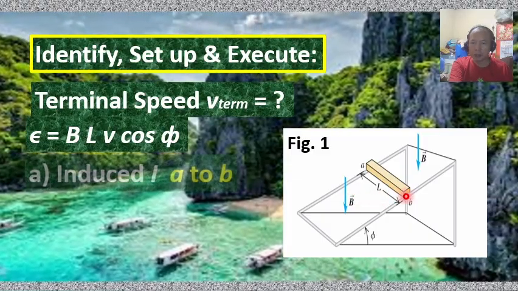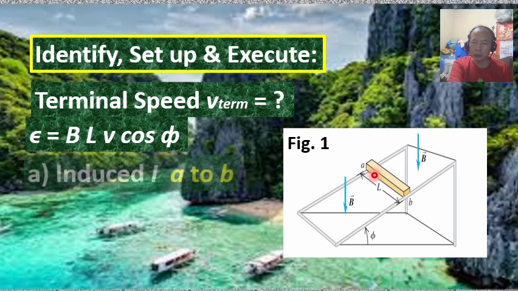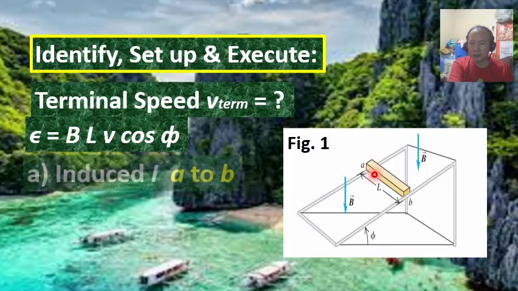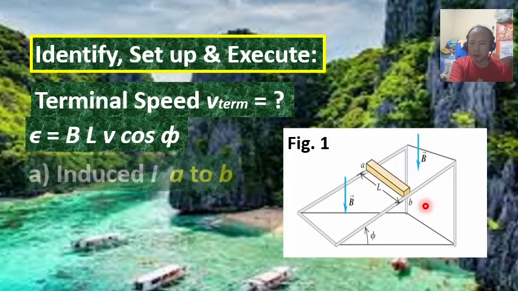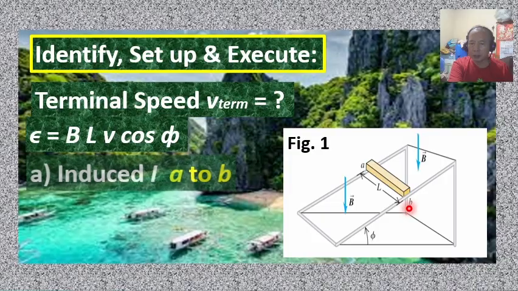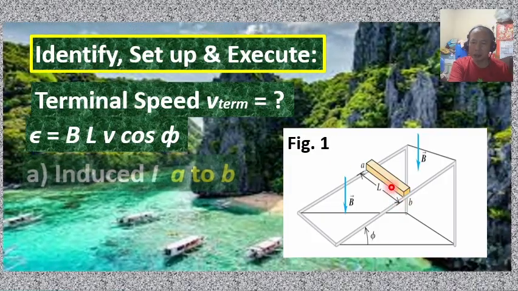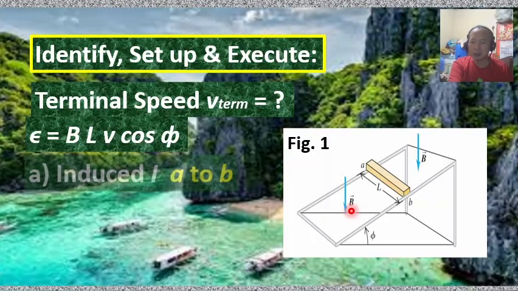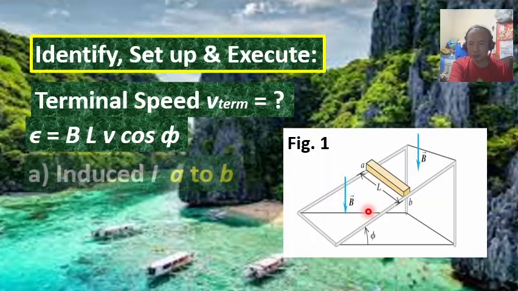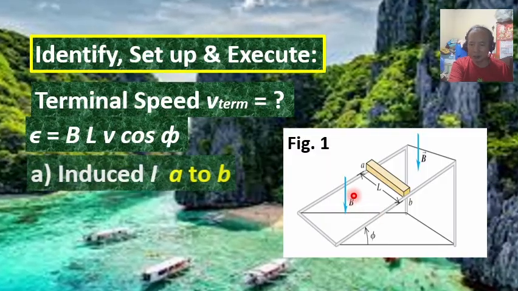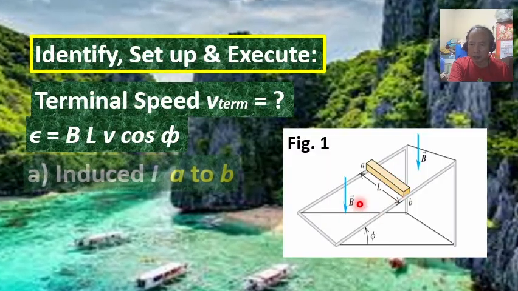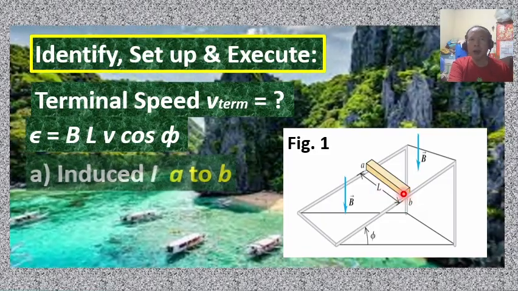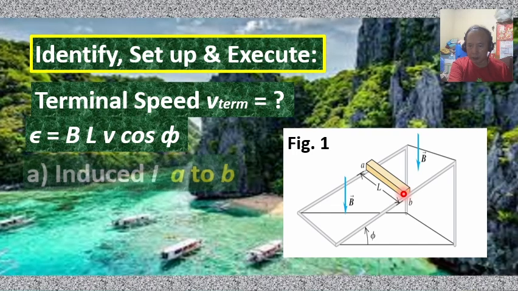Because of the downward motion of the metal bar, the induced current within the bar is from point A to point B. This current will be opposed, meaning there is a magnetic force due to the magnetic field. It tries to oppose the direction of the bar.